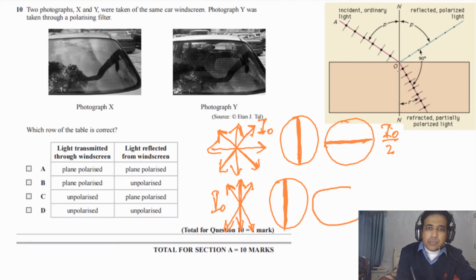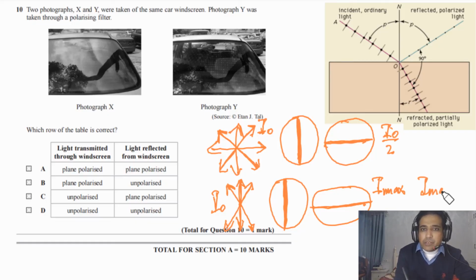Now it is like this. In this case, we will receive light sometimes with maximum intensity, and sometimes we will see the minimum intensity. It means that at different angles, the intensity of transmitted light will be different. So this light is partially polarized. That's the difference. We can check with a filter.